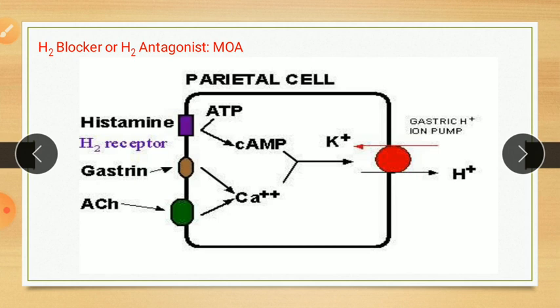The adenyl cyclase pathway, and therefore acid secretion, is inhibited by intracellular prostaglandin of the E series, that is prostaglandin E. This prostaglandin also stimulates other GIT epithelial cells to secrete mucus and bicarbonate and enhances blood flow through the gastric tissue.